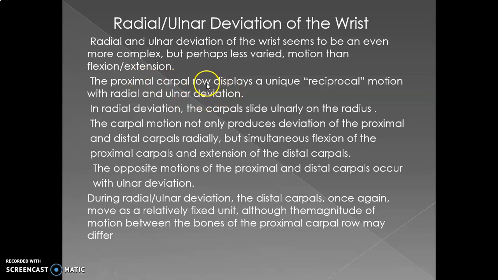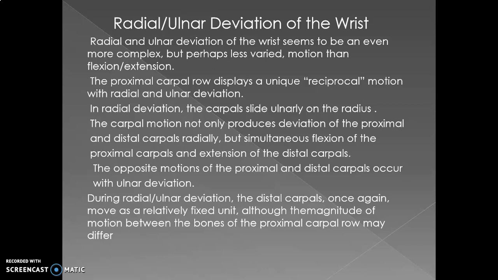Reciprocal means equally opposite motion. Radial deviation happens and ulnar deviation, and there is a reciprocal motion of the proximal carpal row.